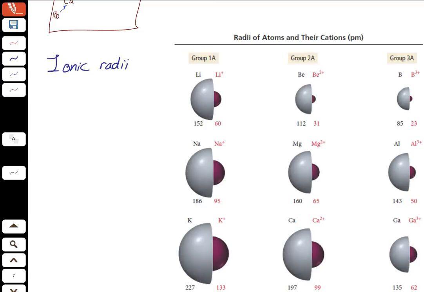But here's the second part of that then. So the sodium ion, it says 95, right? If we flip back and look at the comparison, so the neon atom, the neon radius is 70, and the sodium plus radius is 95.